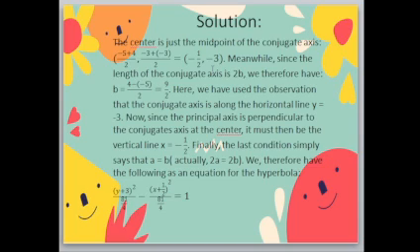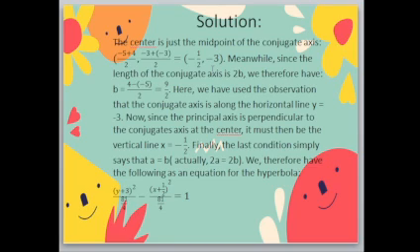Meanwhile, since the length of the conjugate axis is 2 times b, we therefore have b equal to (4 minus negative 5) divided by 2. And 4 minus negative 5 is the same as 4 plus 5, so 4 plus 5 is 9 over 2.